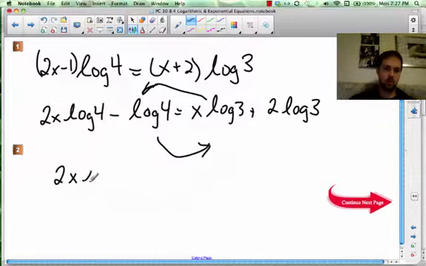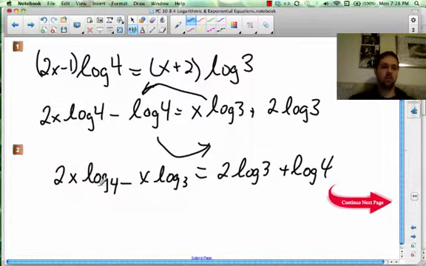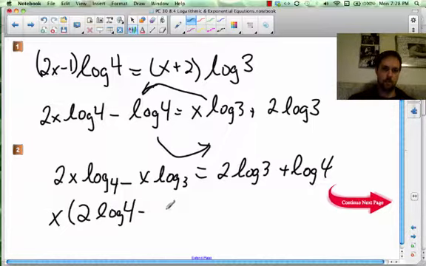So I get 2x log 4 minus x log 3 equals 2 log 3 plus log 4. Now, since our x's are common over here, we can take out that common x and just leave this as 2 log 4 minus log 3, and I apologize that I keep writing these as though they're bases, just to force a habit, I guess.